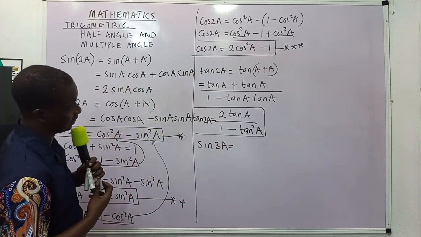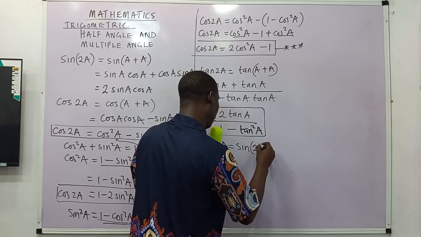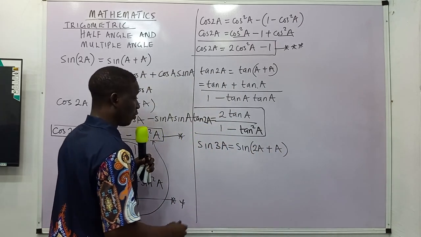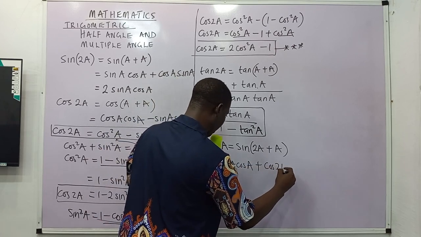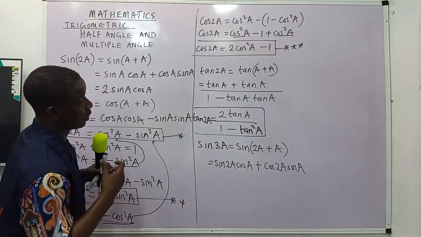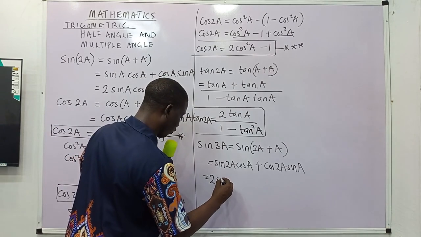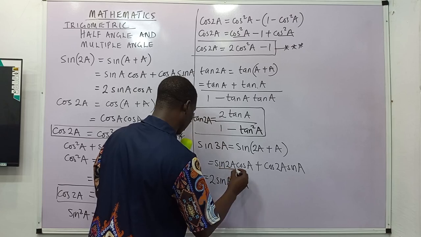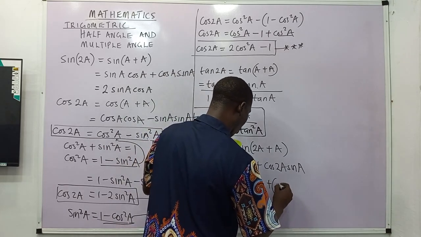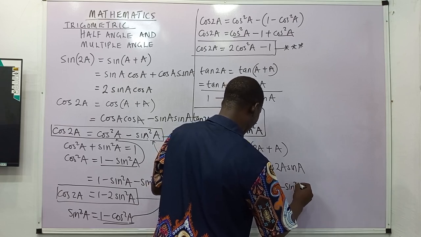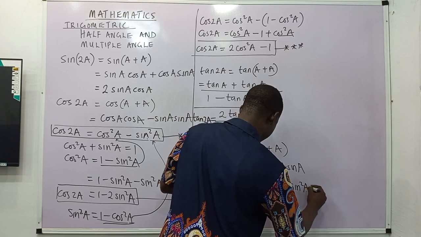Sine 3A should be equal to sine 2A plus A. After that, we are going to have sine 2A cos A plus cos 2A sine A. Now recall that sine 2A is 2 sine A cos A. Then cos 2A, this one will give us 1 minus 2 sine square A.